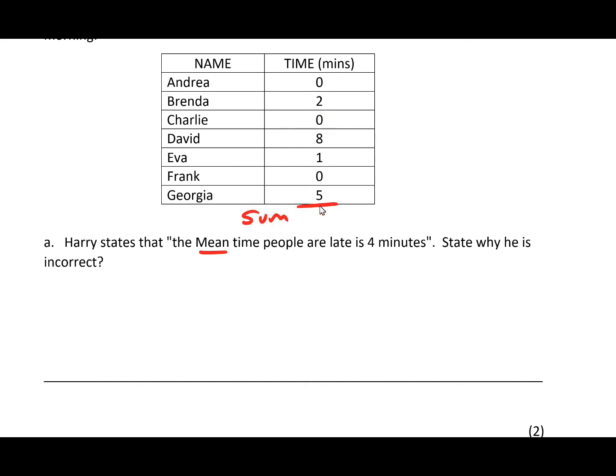So 10, 11, 16, and we need to divide by the number of numbers, 1, 2, 3, 4, 5, 6, 7 times. So 16 divided by 7 will give us our mean. And I get on my calculator 2.2 recurring, 85714 recurring.